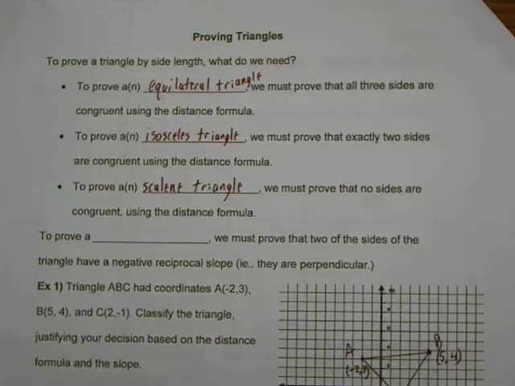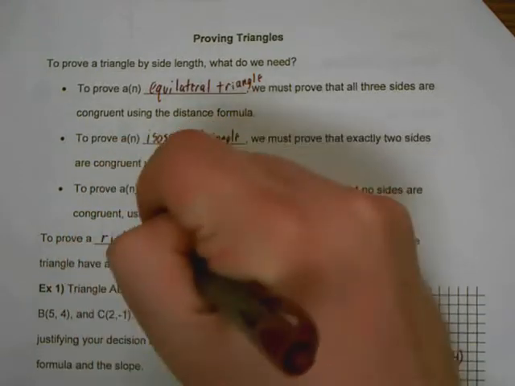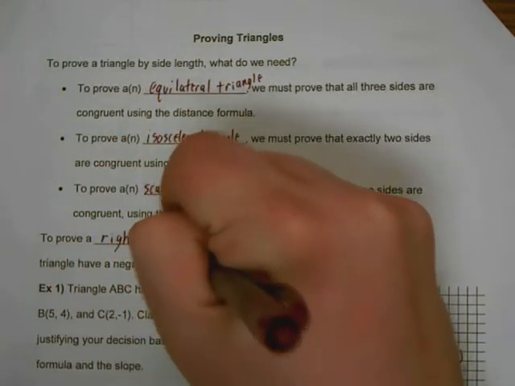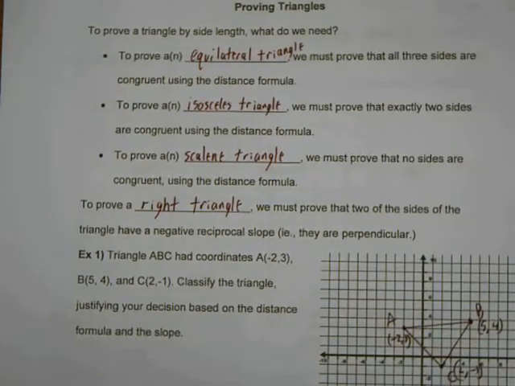And to be perpendicular, they have to have negative reciprocal slopes. That's what we talked about when we were writing equations for parallel and perpendicular lines the other day. So to prove a right triangle, we must prove that two of the sides of the triangle have a negative reciprocal slope.